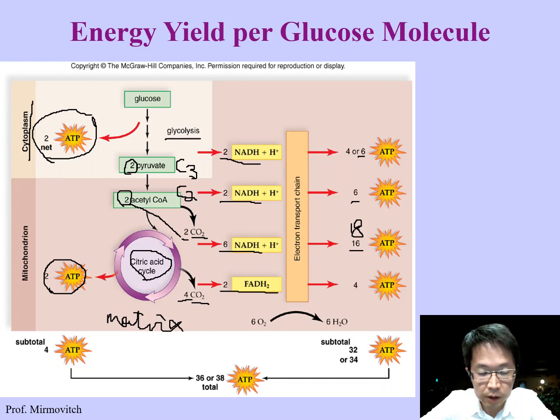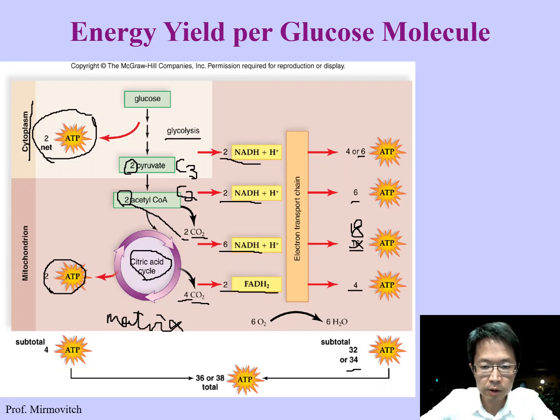Each FADH2 will give you 4 ATP. Let's see if we add up together: 6, 6, 12, plus 18, that's 30, plus 4 is 34. So yes, the 16 is incorrect. It should be 18 here. I don't know why they call it 16.